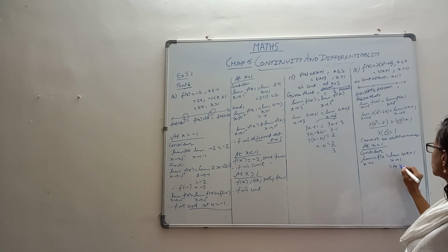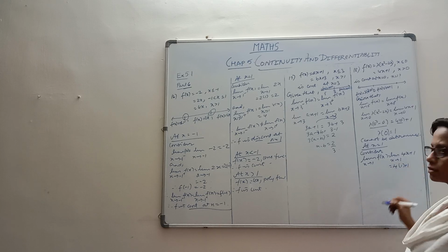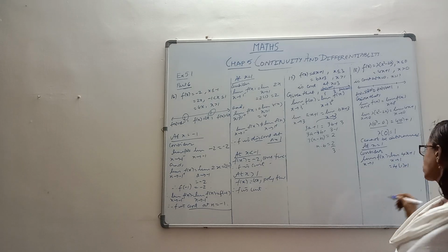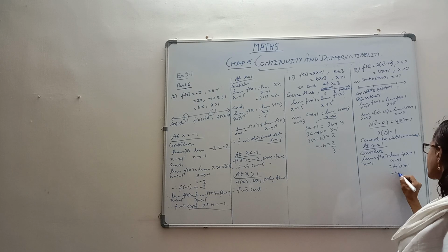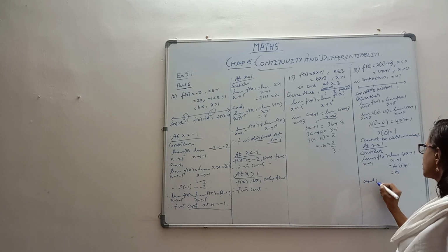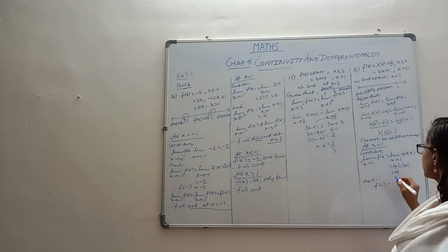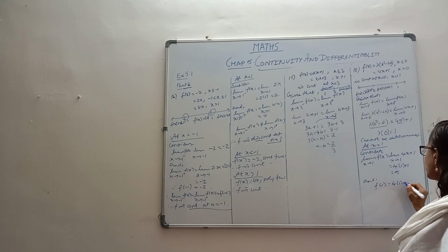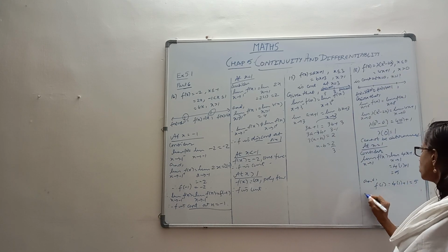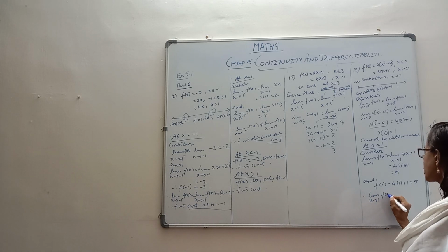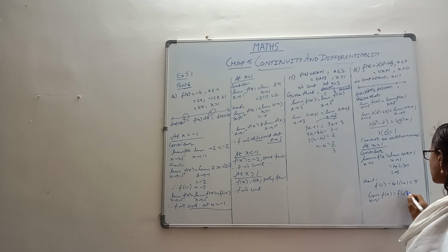So that is 4 times 1 plus 1. Tending to 1, close to 1, can be 1. So 4 plus 1, 5. And f at 1, in this range, will be the same thing: 4 into 1 plus 1, 5.